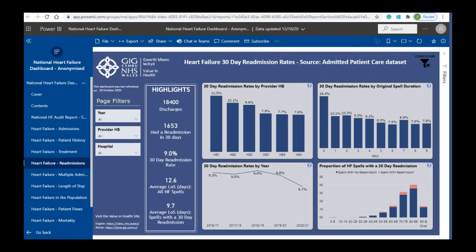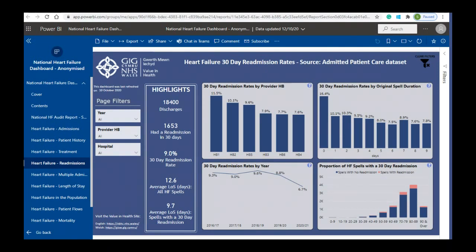But that's not surprising due to the pandemic, which has not only affected the number of admissions but also caused delay in coding activity. That said, coded data is included to the latest week, as the admitted patient care data set from which this data comes has recently moved to weekly submissions in Wales.